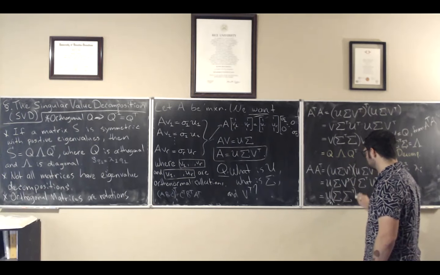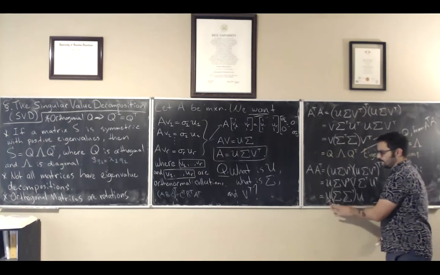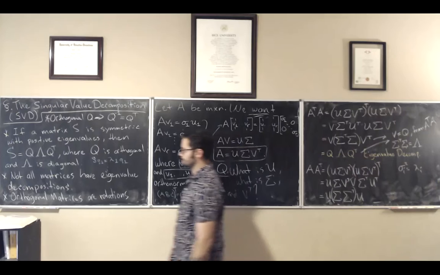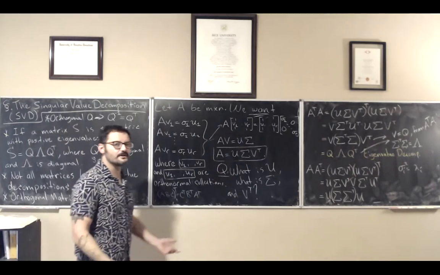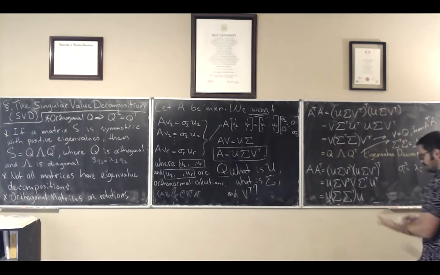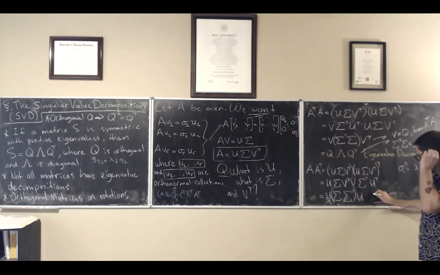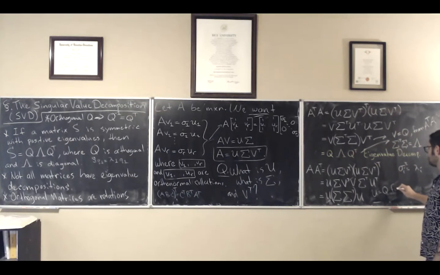where U is an orthogonal matrix. Sometimes you will hear people say unitary instead, but we don't have to worry about that. But here, U is equal to Q from A times A transpose.